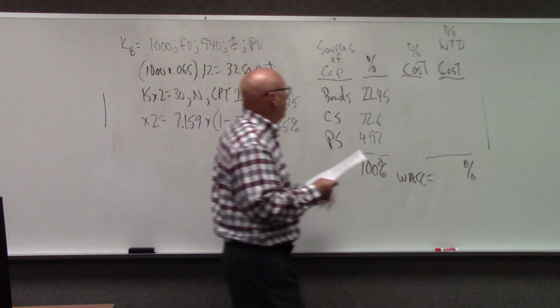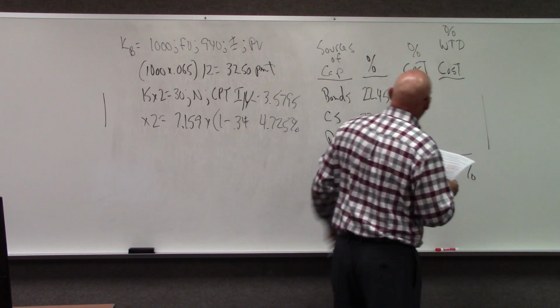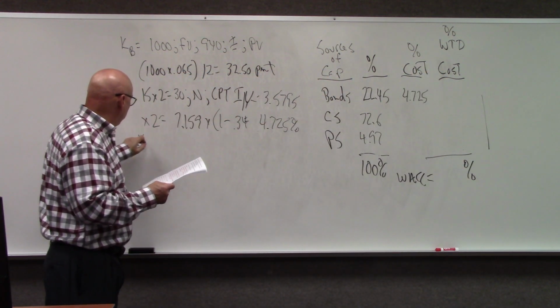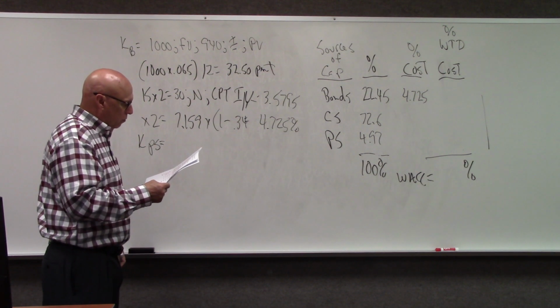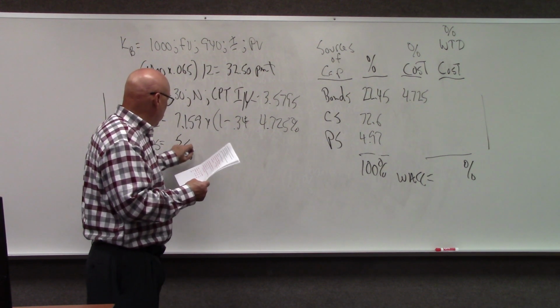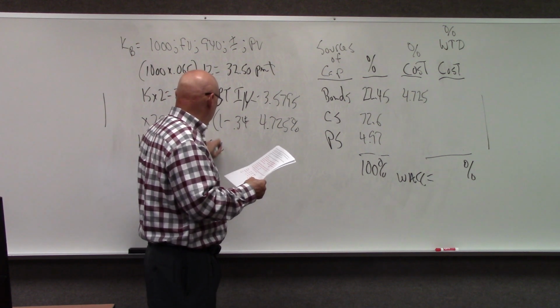So we're going to put that here, 4.725. Let's go ahead and find the cost of preferred stock. It's so easy. Cost of preferred stock is $5 divided by $78, and that is 6.41%.